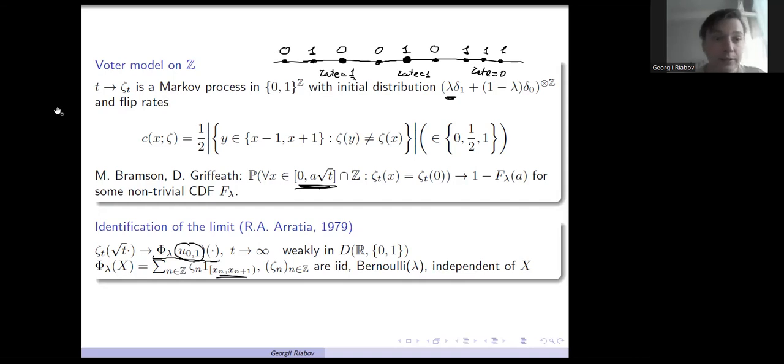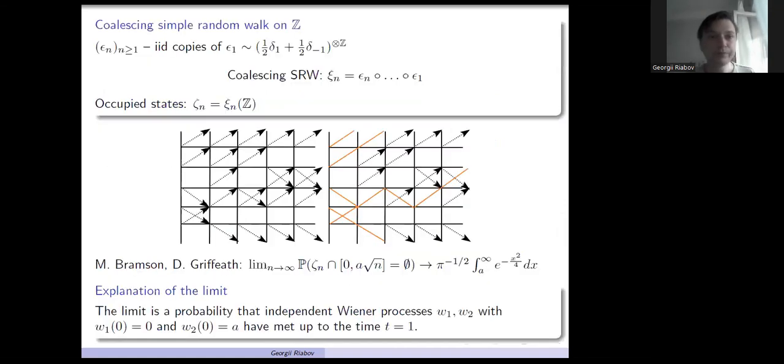And another application is for coalescing simple random walks. Now we have a two-dimensional integer lattice, and assume that at every point of this lattice, we have either an arrow to the upright, or we have an arrow down right.